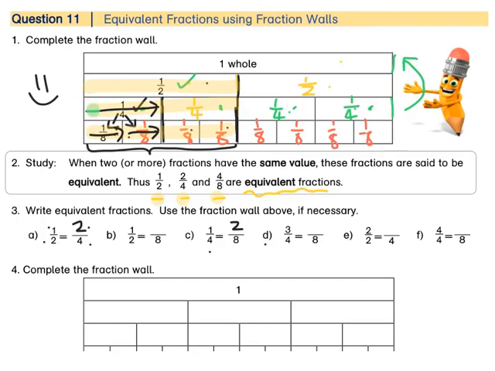So 1, 2, 3 quarters is equal to 1, 2, 3, 4, 5, 6 eighths. So the missing number is 6. Lastly, for F, 4/4, you should know this by now, is equal to 8/8. And both of these are equal to one whole. Press pause to complete 3 in your workbook.